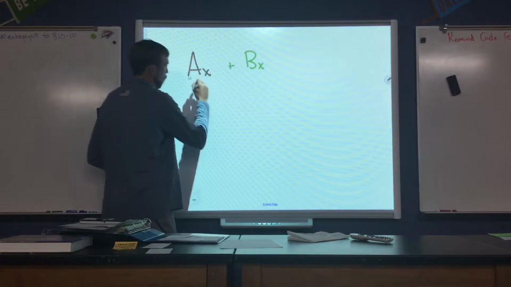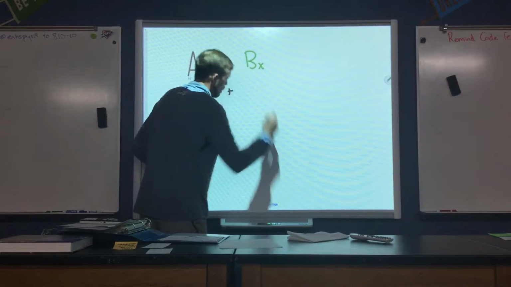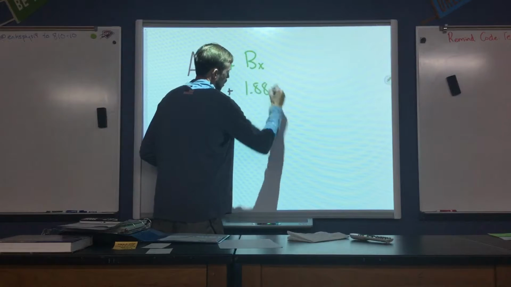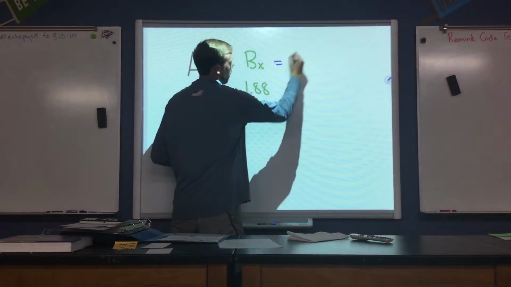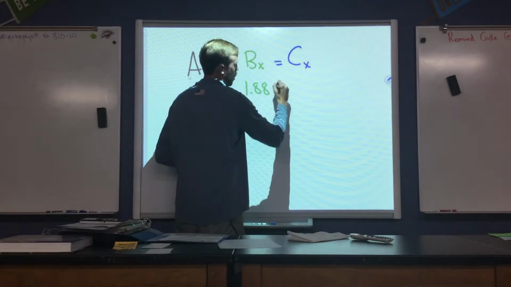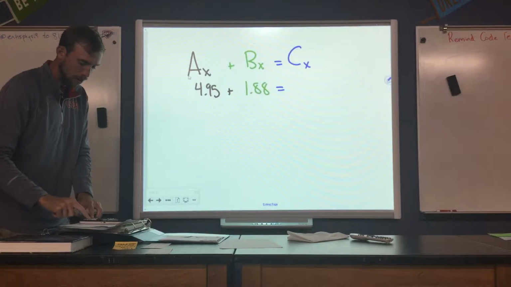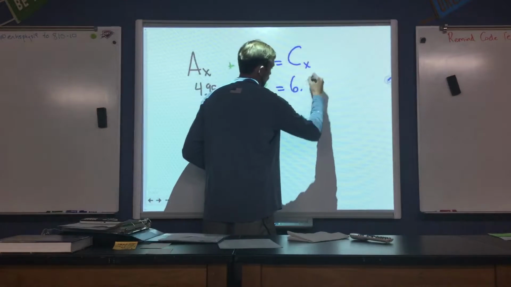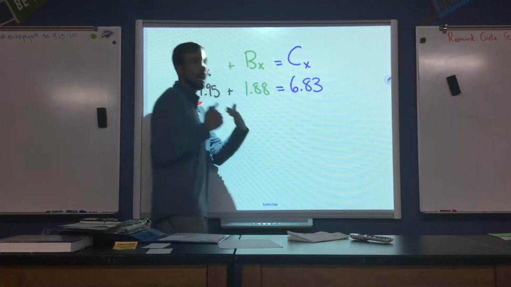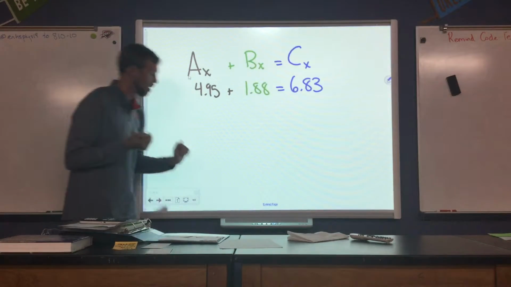That's going to give me 4.95 plus 1.88. And remember, we said that when we add a and b, the result should be c. But here we're just looking at the x component or the x part. So 4.95 plus 1.88 gives us approximately 6.83. That would be the x component of our overall answer, vector c.